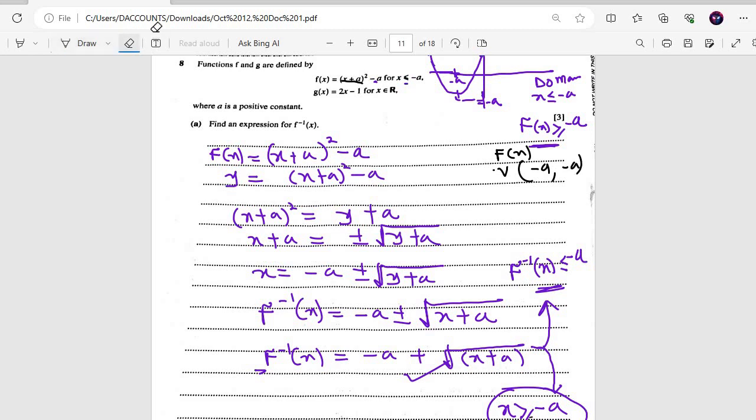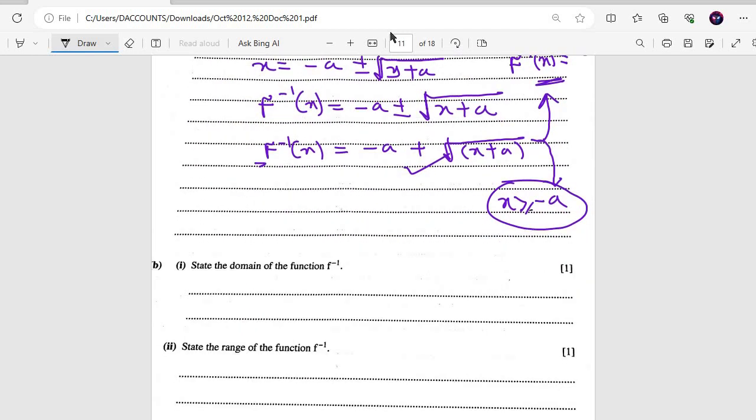Vertex means the minimum point is minus a and minus a, the minimum point of x and the minimum point of y. And from the question, they said the domain is x less than or equal to minus a. The domain of this function will be the range of the inverse.